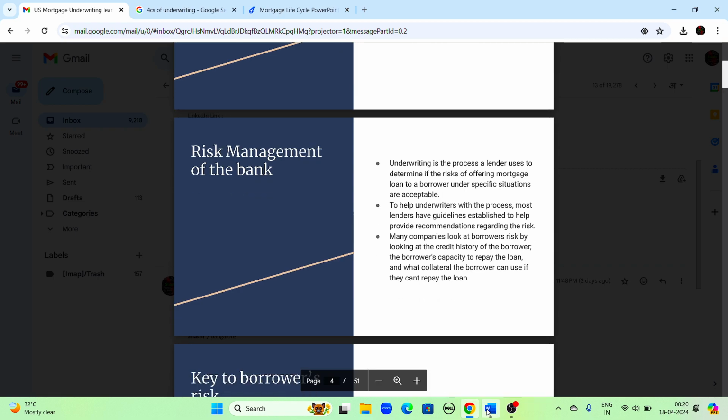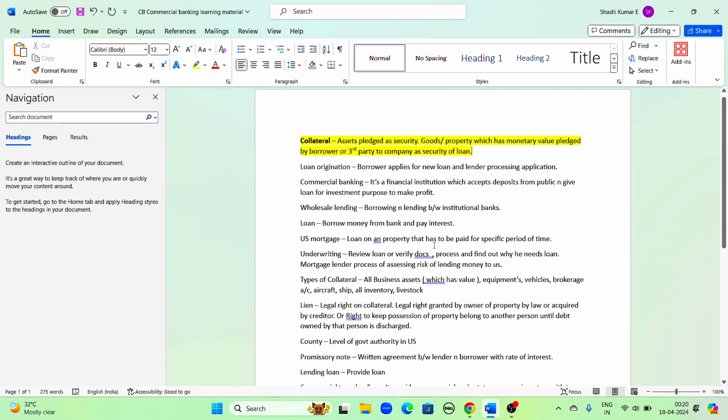Last time there was even a video shared on collateral. Let me give you an idea about it. Assets which are pledged as a security, for example goods or property which has a monetary value, are pledged by the borrower or a third party as security of a loan.